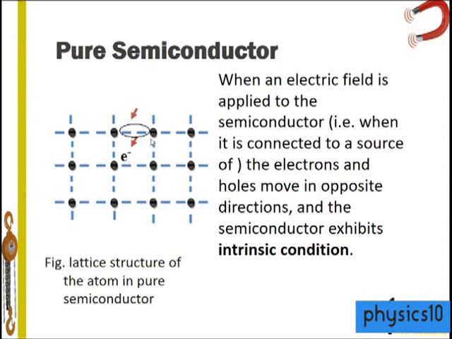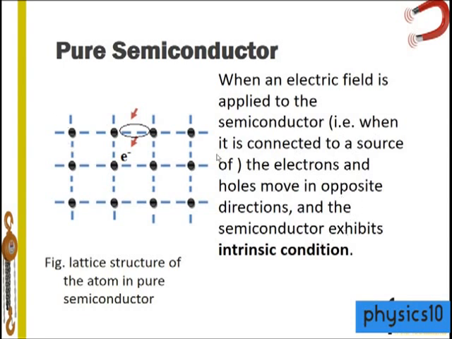So by connecting up your semiconductor to a power source and applying a potential difference across the silicon or the germanium in this case, you'll get movement of the electron and movement of the hole in the opposite direction.